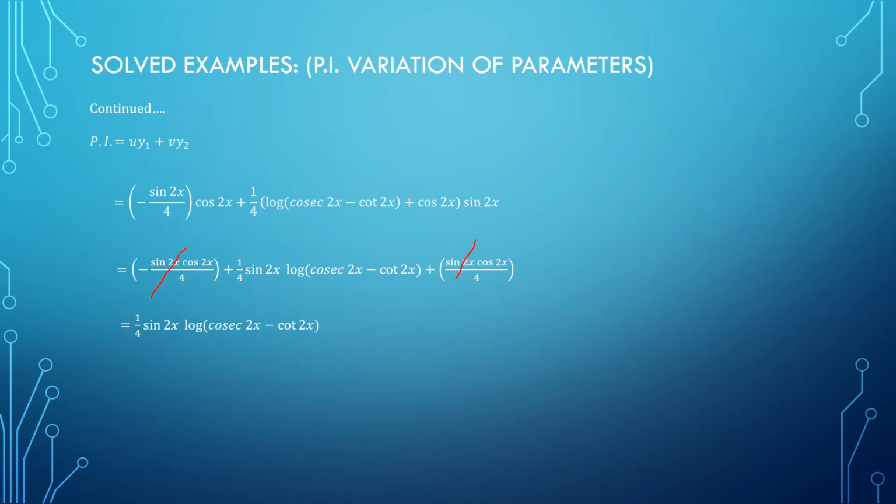You can see this will get cancelled with this, and my particular integral turns out to be only this expression, 1 by 4 sin 2x into log of cosec 2x minus cot 2x. So let us finalize our solution. Y, the general solution, is then complementary function plus particular integral, and that is how we can solve the question using variation of parameters.